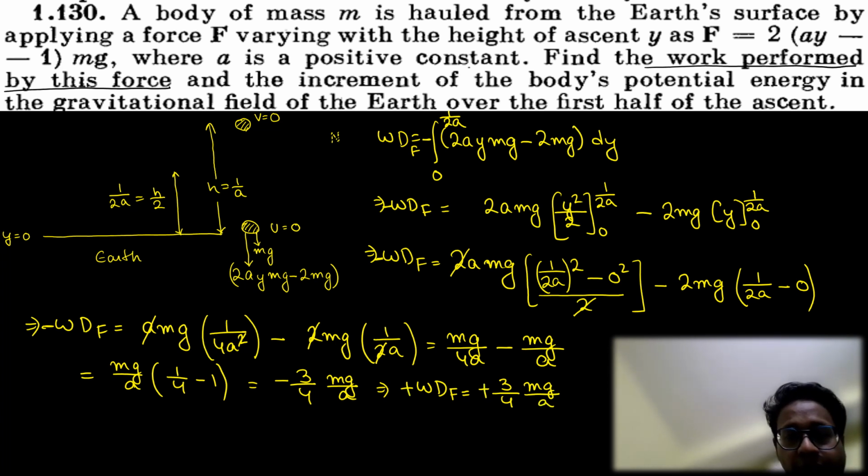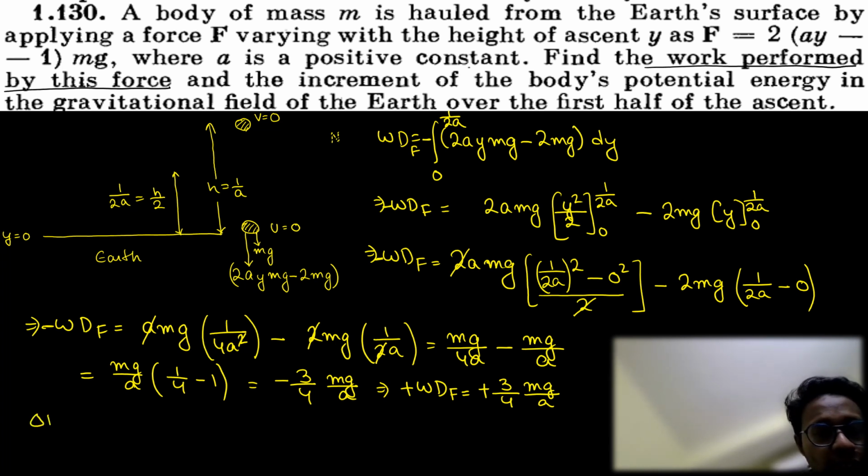The second part of the question is to find the increment of the body's potential energy in the gravitational field of earth over the first half of ascent. As the body rises, the potential energy of the body due to gravity forces of earth would increase. Find the increase in potential energy.